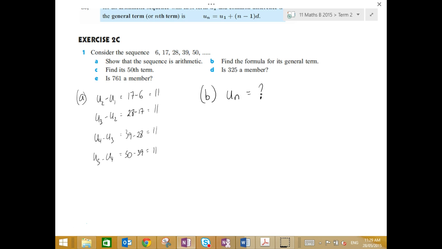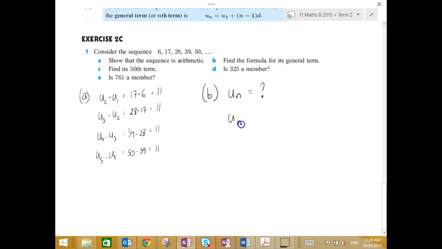I would take the first term, which in this case was 6, and then add on 11 how many times? To get to the second term, I add on 11 once. To get to the third term, I add on 11 twice. To get to the seventh term, I'd add 11 six times onto the first one. So to get to the nth term, I add on the difference n minus 1 times.